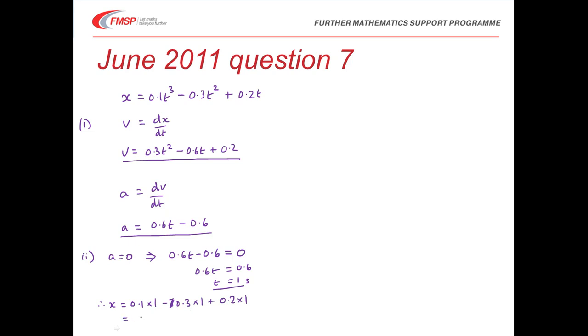Well, that all boils down to 0.1 minus 0.3 plus 0.2. In other words, 0.3 take 0.3, and my total distance x is 0. Therefore, the particle is at p.